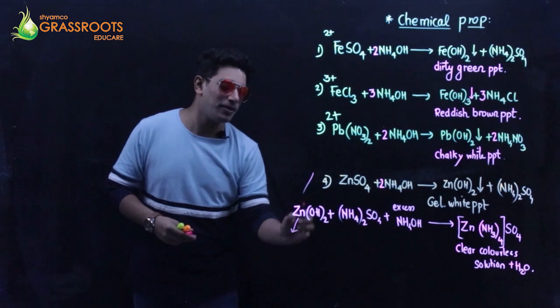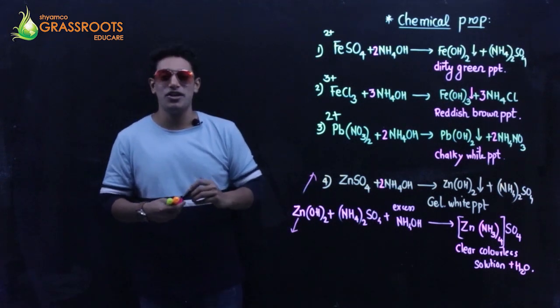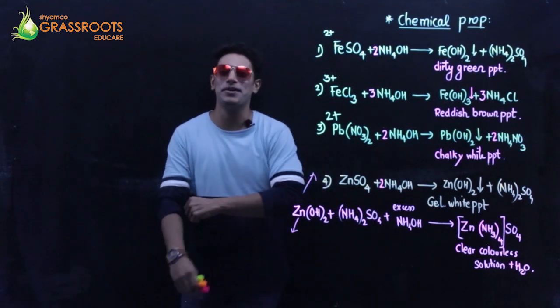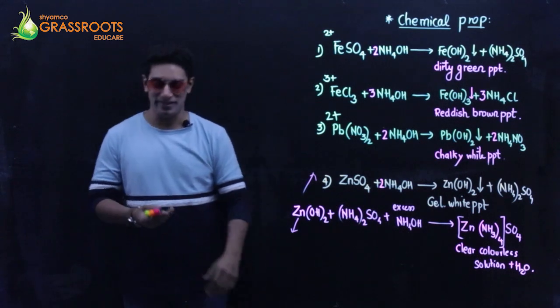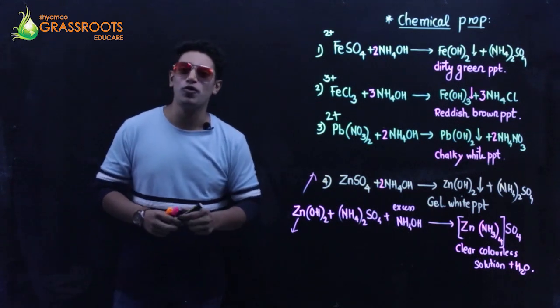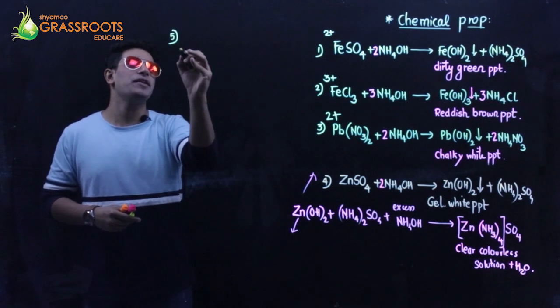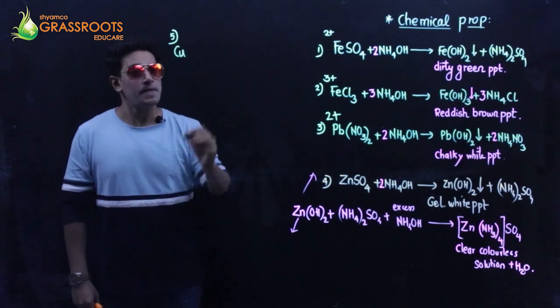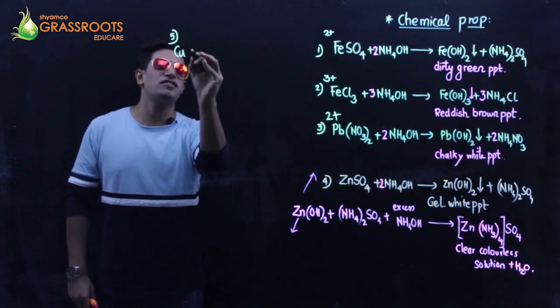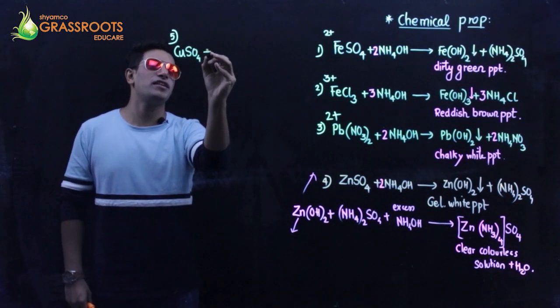It's a double stepper. So for the first time in this chapter, we've seen a two-step reaction. The similar thing goes for copper also. Check it, guys. The fifth reaction, the last one. You have copper. Let's take a salt, copper sulfate, monotonous, it's okay.